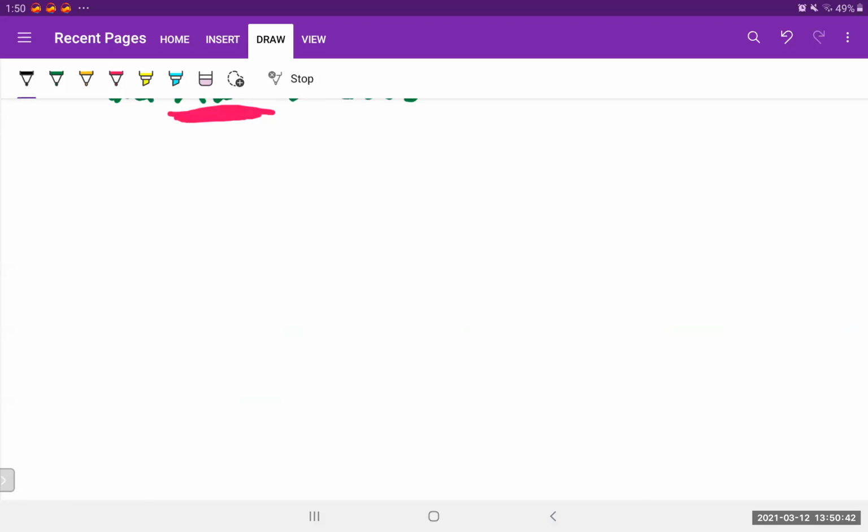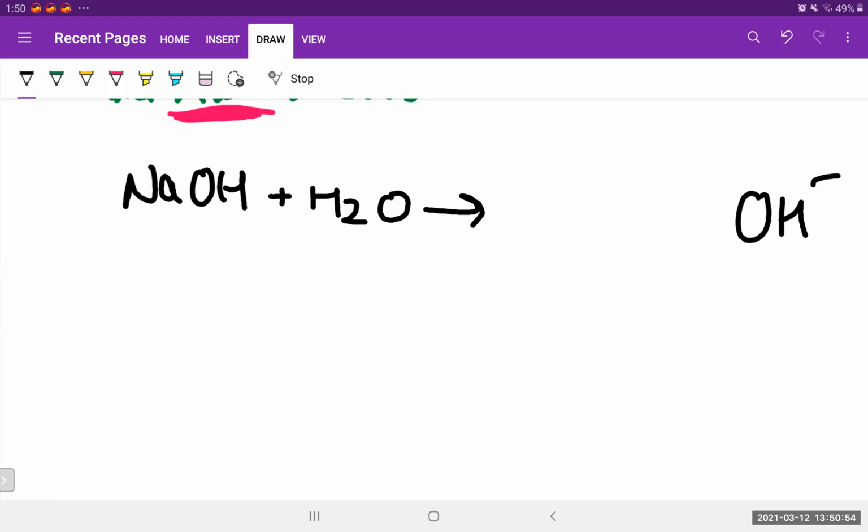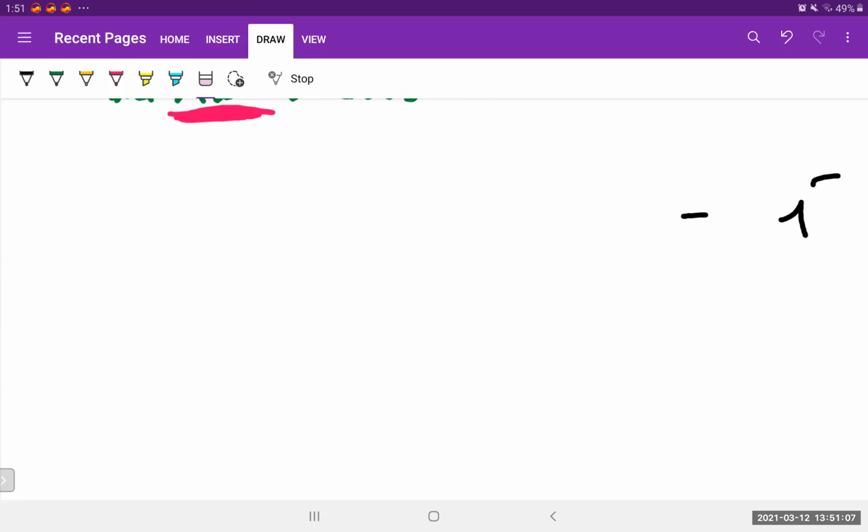Let's take an example of sodium hydroxide, NaOH. When it is dissolved in water in its aqueous state, it will give us OH minus for sure. Now we are left with Na only. It's in water, so we will not show water. That's why when we write these kinds of equations, we don't show that it is reacting with water.